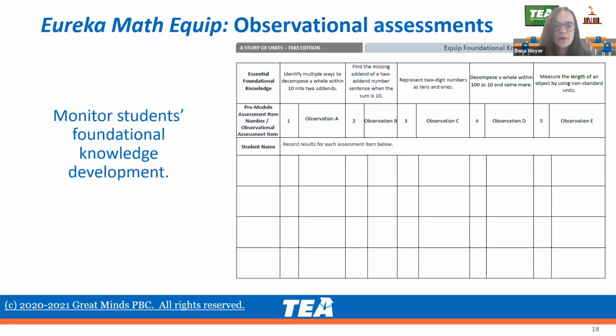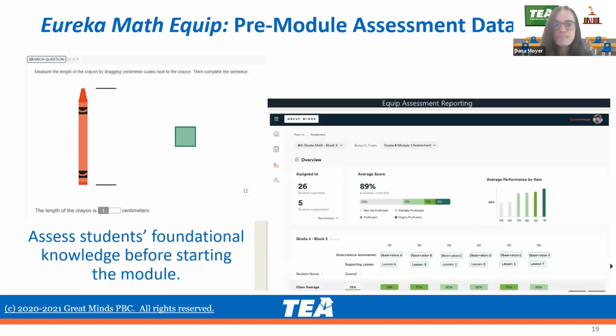So here's an example of an observational assessment where teachers can monitor students' foundational knowledge development. And this is all knowledge that is foundational to the upcoming module. So you can keep track of how students are doing on what they should have learned previously, but might not have due to learning disruption. The Eureka Math Equip tool includes pre-assessment data, as I mentioned.